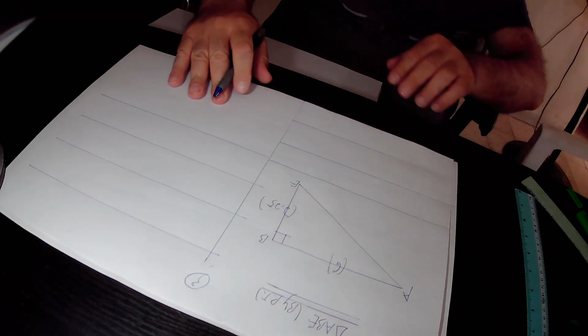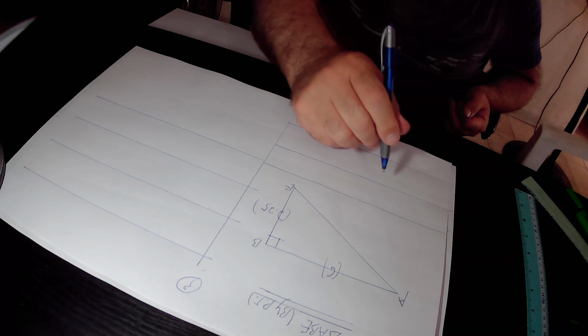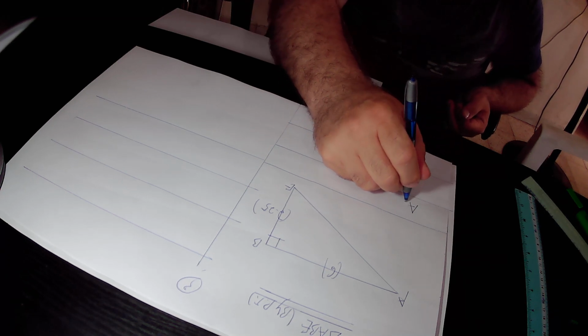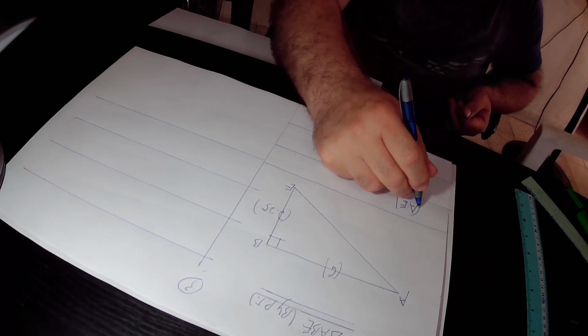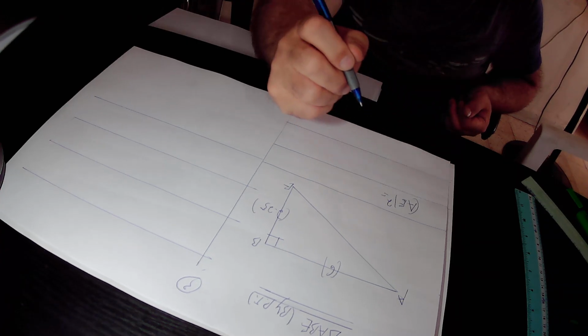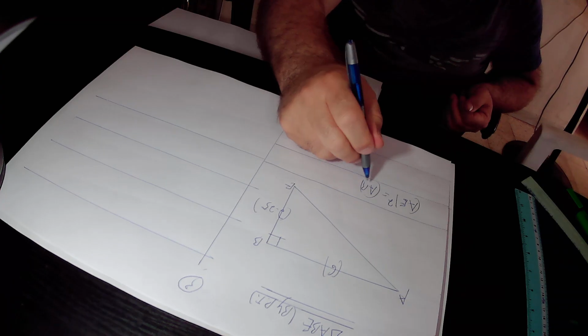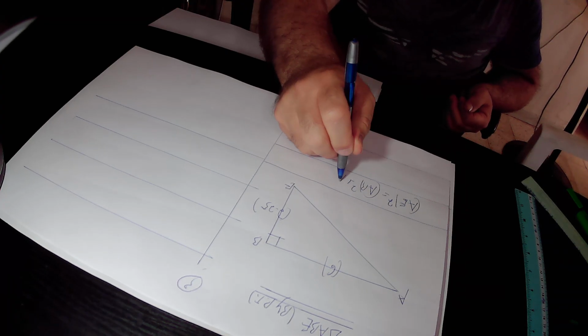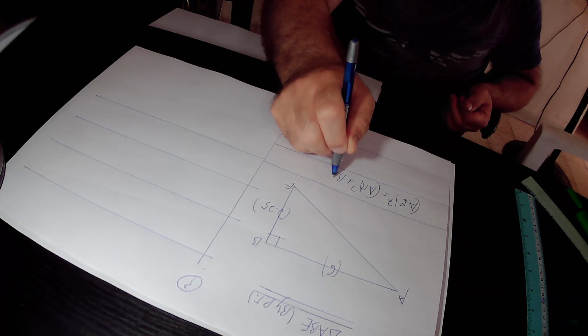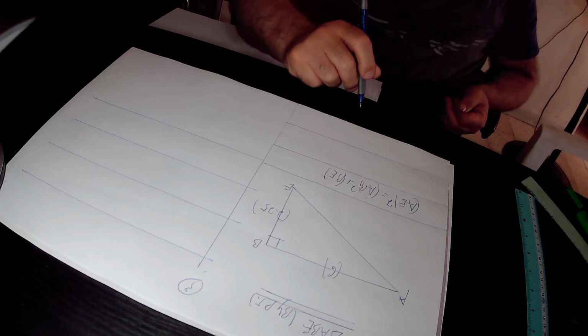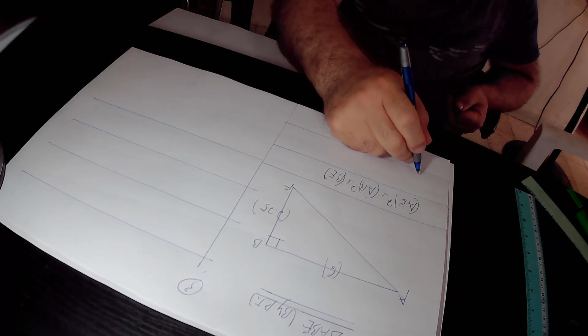In this right-angled triangle ABE, AE squared equals AB squared plus BE squared. AE is the missing side, so we leave it as it is.